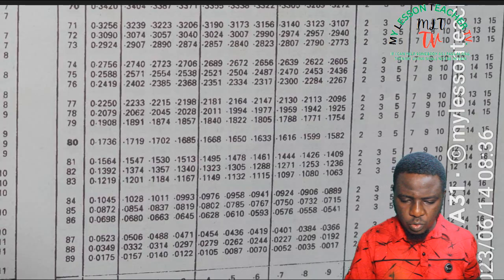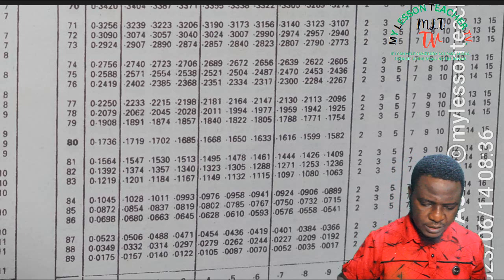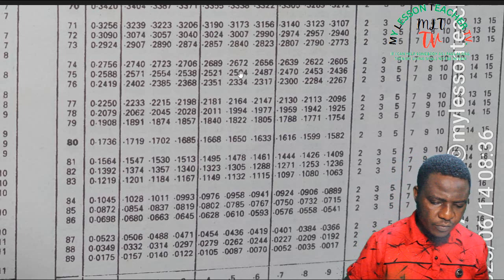E, we have 0.2515. Go to your table. 2515. I have 2504. Looking for a difference of 11 to make it 2515. But there's no 11. Rather, I have 12 and 10. So I'm going to pick 10, and that is under the difference 6.